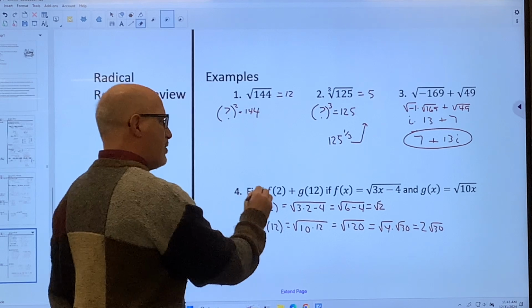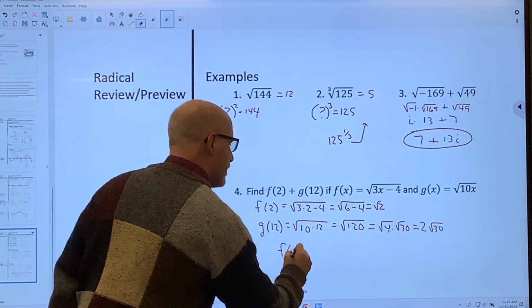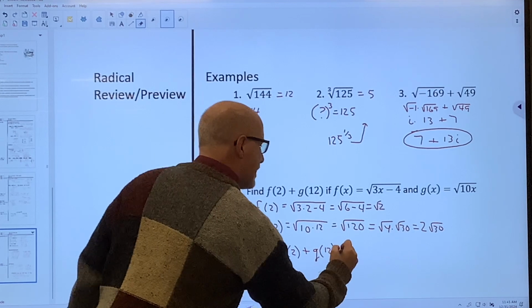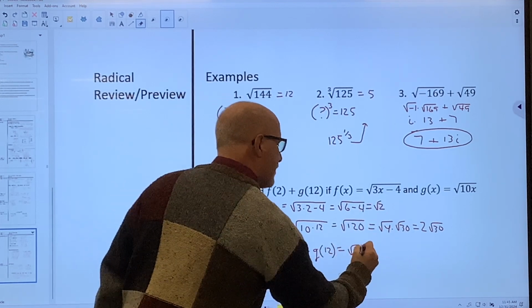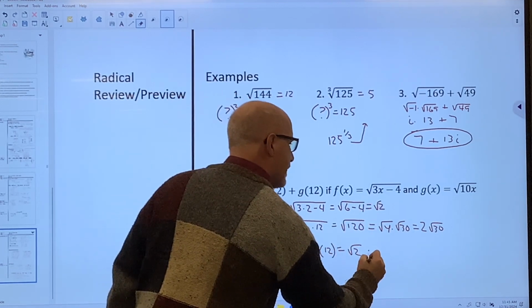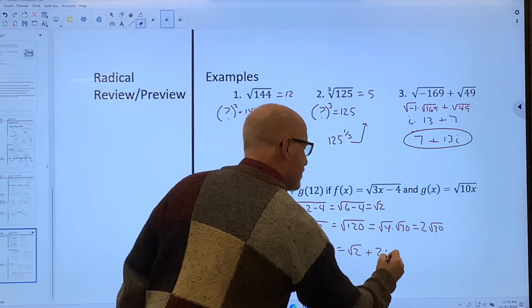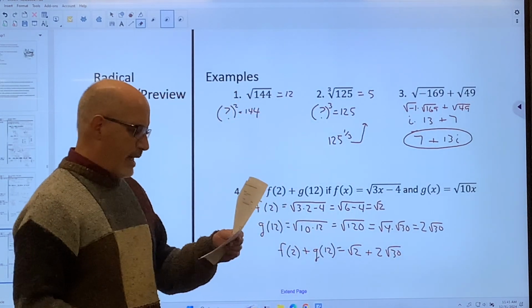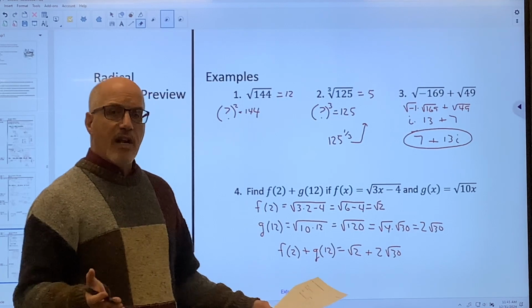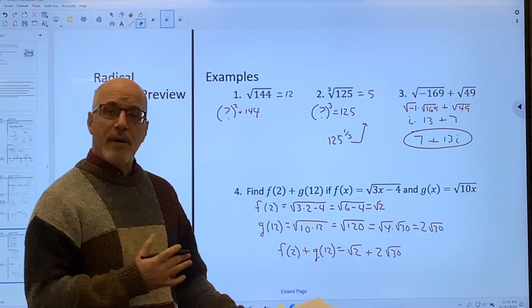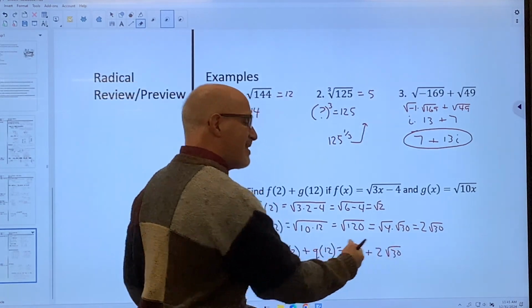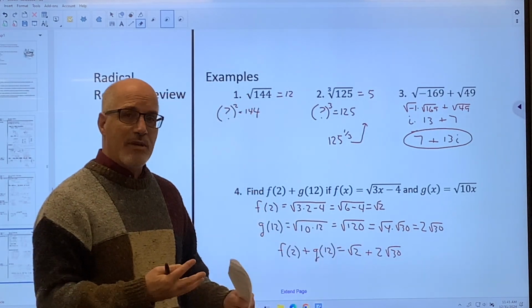So now when I do f of 2 plus g of 12, I'm going to write out what I got for f of 2, which is square root of 2. I got this 2 square roots of 30 for my g of 12. And so when I add those together, they're not like terms, and we'll talk more about radical like terms later, but these two radicals are not the same, so I cannot add them together.